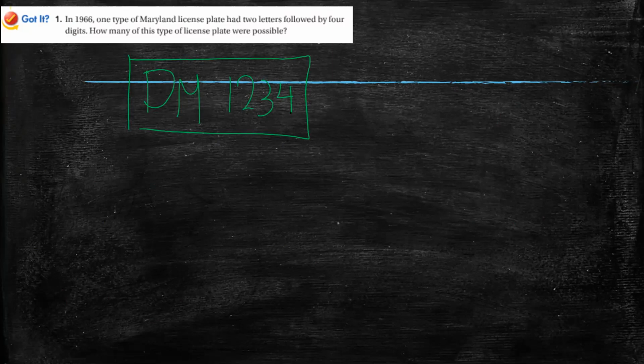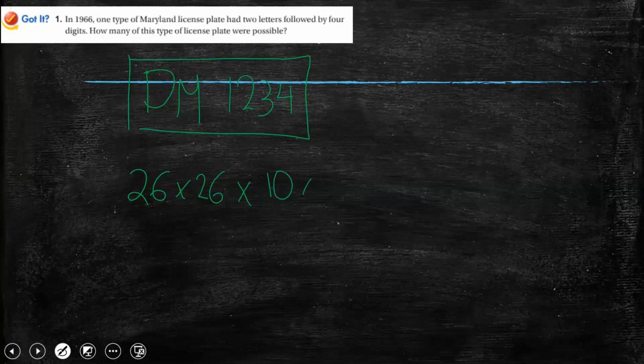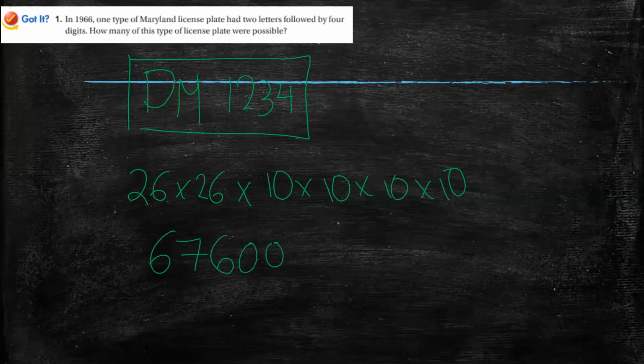DM will be 26 times 26, times 10 four times. So I can have 6,760,000 possible plates from 2 letters with 4 numbers.